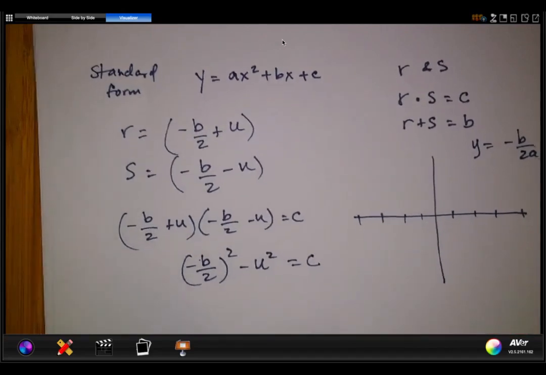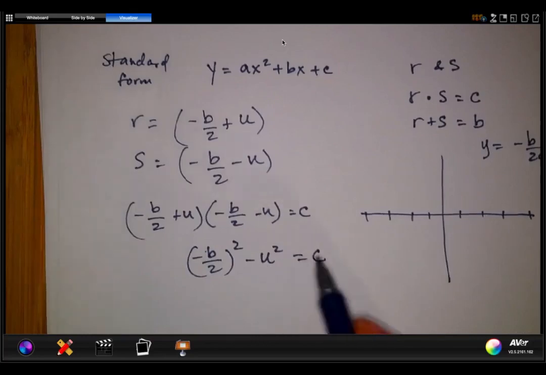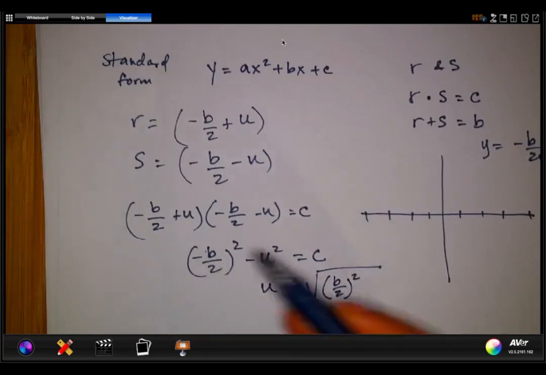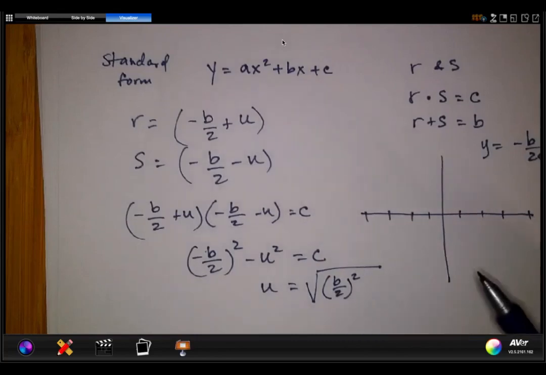When we solve for u, which will be the distance, we get that u equals the square root of (b over 2) squared minus c. We can just write b over 2, even though it's negative b, because it's being squared.